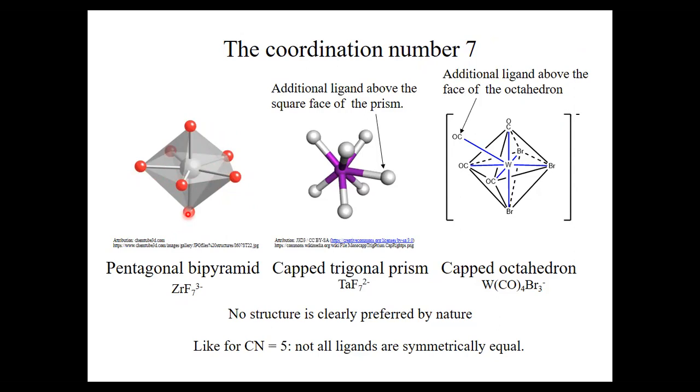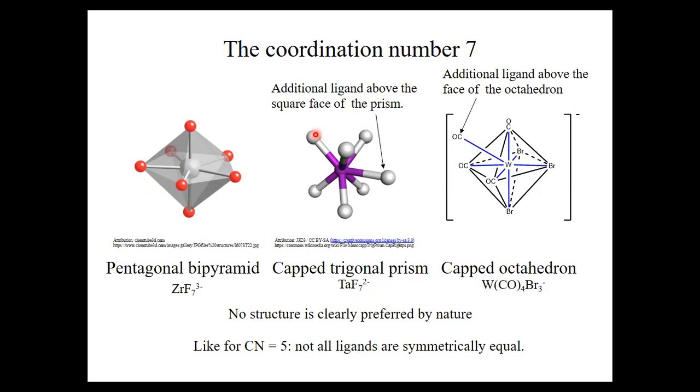So the second possible structure, which occurs relatively often, is the so-called capped trigonal prism. So an example for that is, for instance, the heptafluorotantalate 2-. So in this case, you have 6 ligands that form a prism. You see this here.